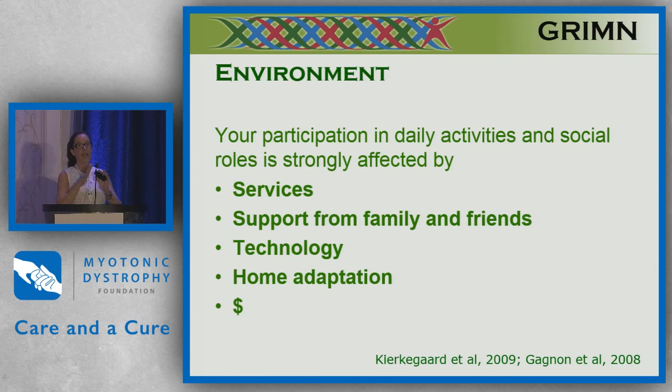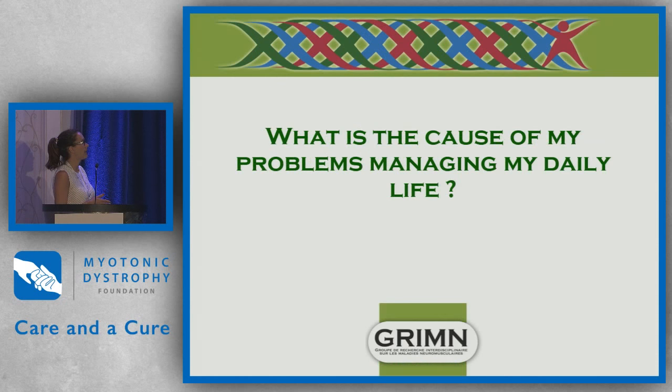So I give general advice about things in the US, in Canada, or in Europe, but it may or may not apply. So look at services, support from friends and family that may vary from one family to another, what technology you can access, home adaptation, and also income and revenue, because that will also play a role in what you can access of what I will be talking about today.